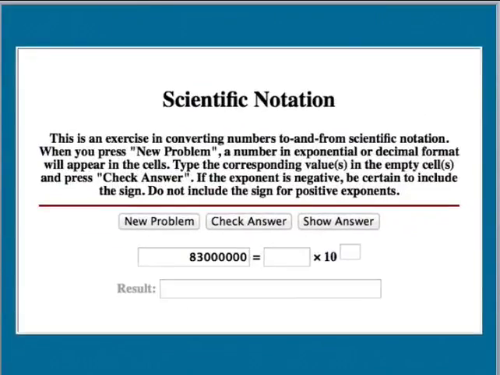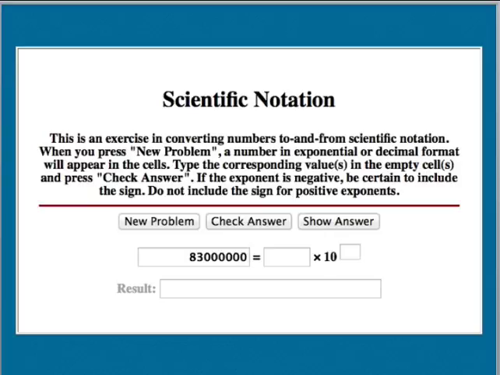This is what the page will look like when you click on it. You need to click New Problem, and when you do that, something will appear. Every time you do a problem, you will get a different sort of problem. What you're supposed to do here is to simply take this number and convert it from decimal into scientific notation.